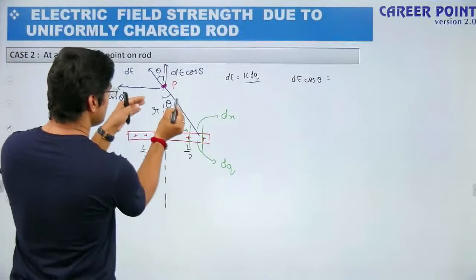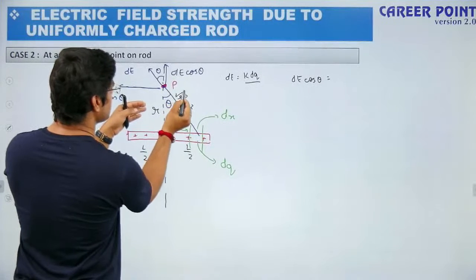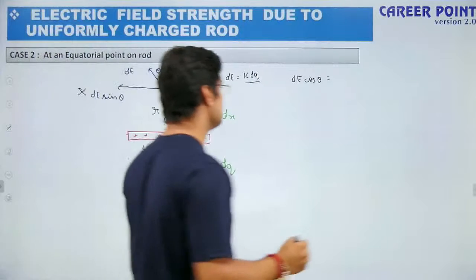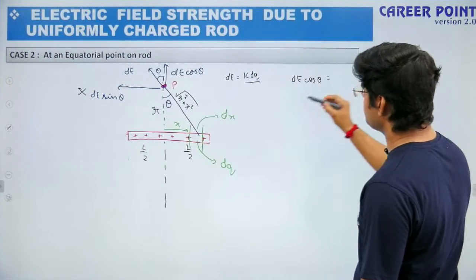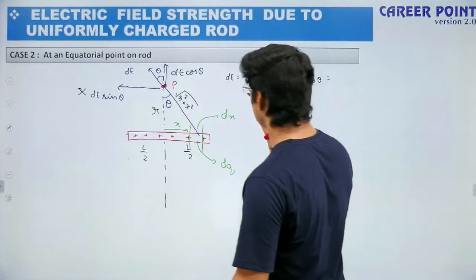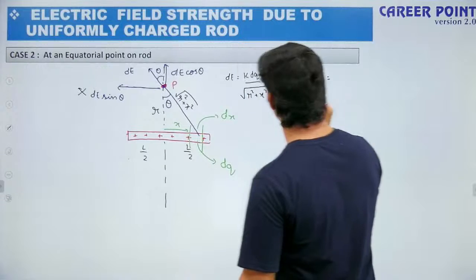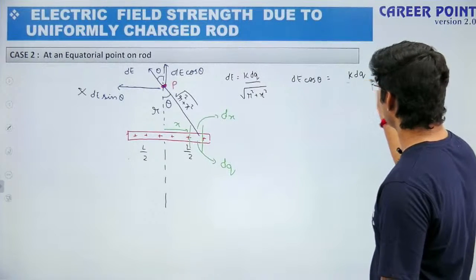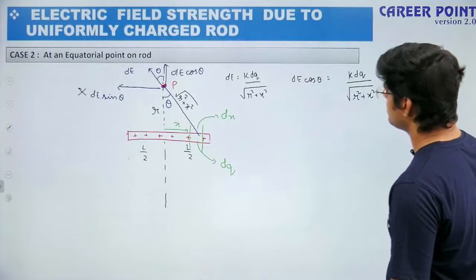So this distance can be written as under root of r square plus x square. So dE will be given by k dq divided by (r square plus x square), and dE cos theta will be k dq divided by under root r square plus x square, into cos theta.